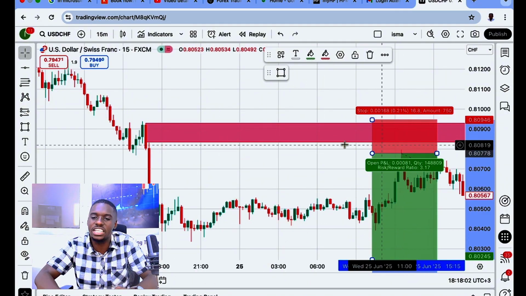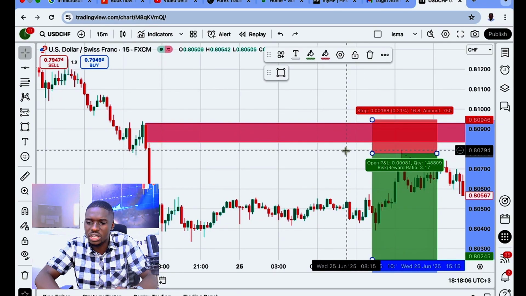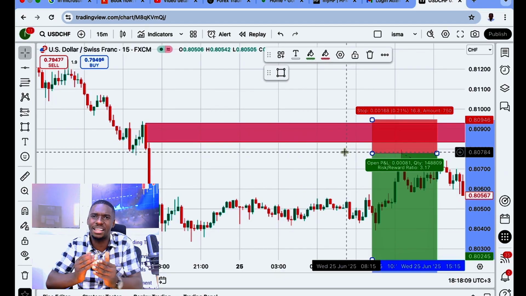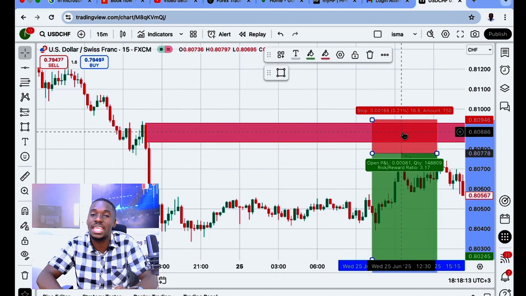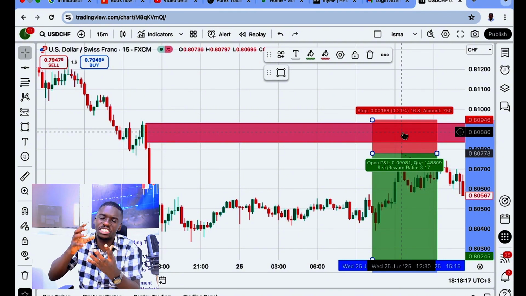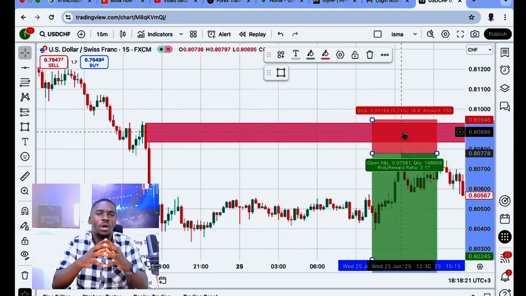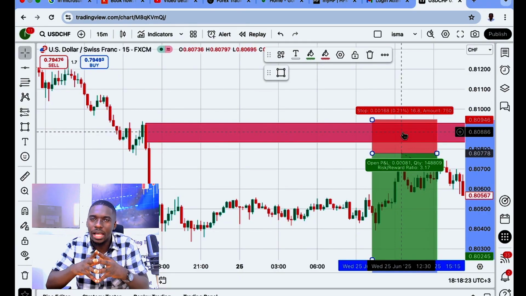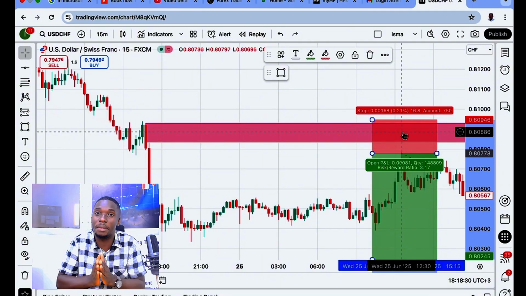It doesn't necessarily need to reach exactly here. It can come within, around here or here, but not too far, and not too small. Or it can at times come and fill in here. So there is no specific measurement or calculation or number of pips that we always have to look for. Just make sure you are specific about the coming back of the market.